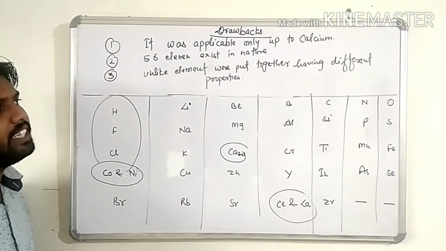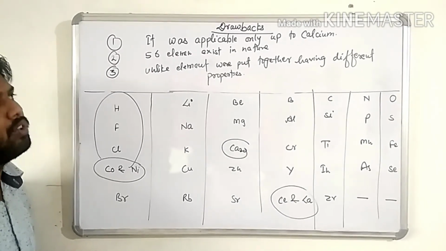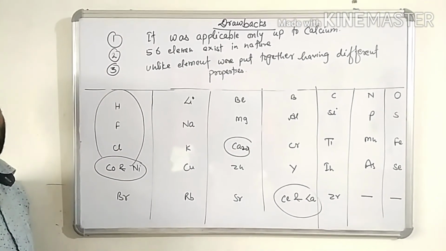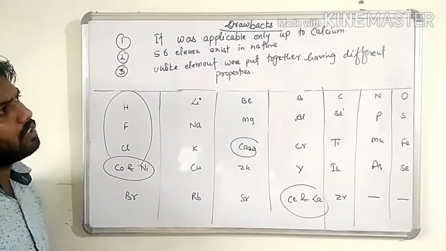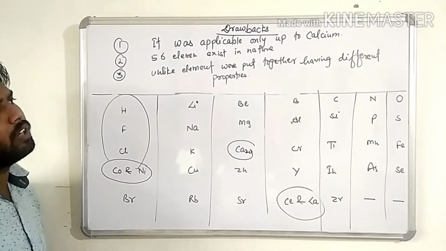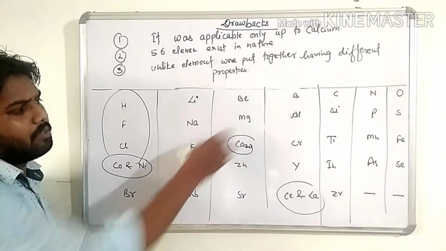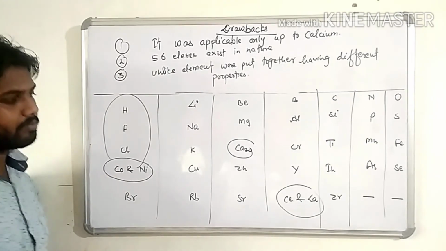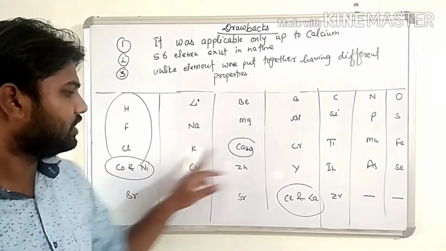So we can say that these attempts were also not successful for the classification of elements. First, it was applicable only up to calcium, children. If we take magnesium as the first element, sa, re, ga, ma, pa, dha, ni, sa, it is similar.